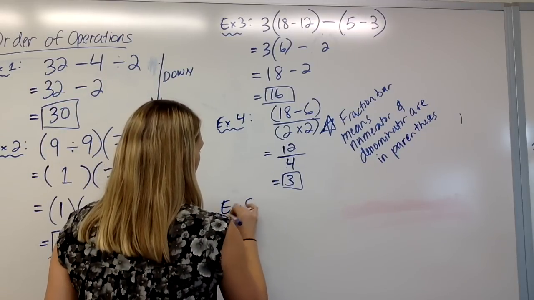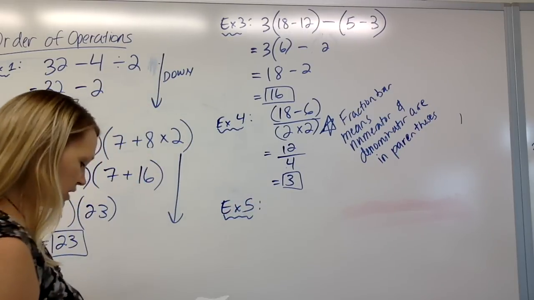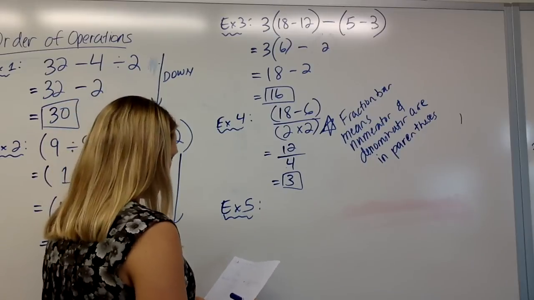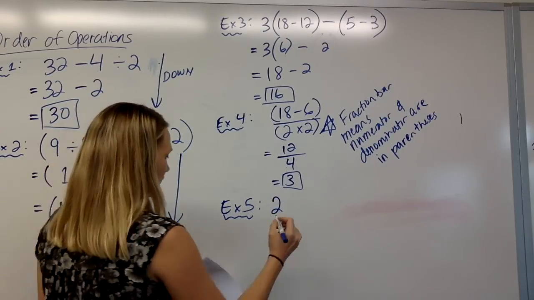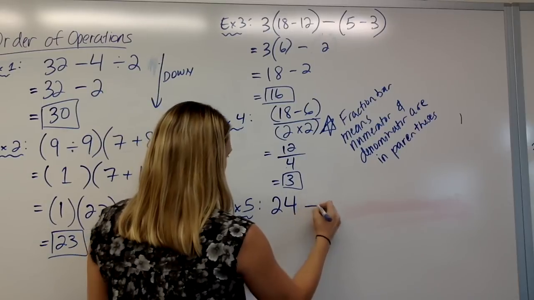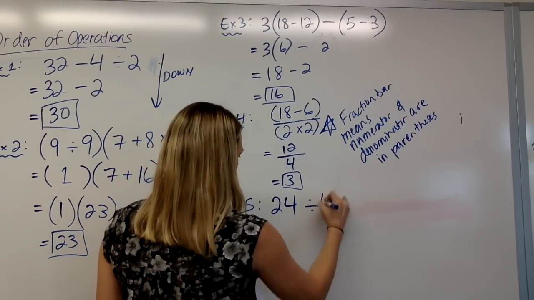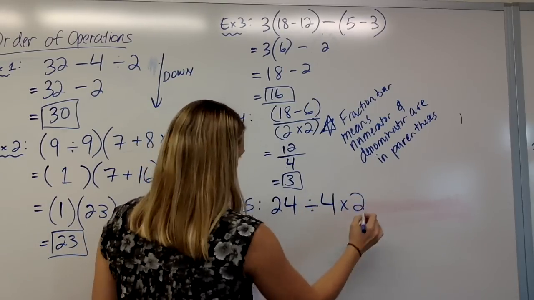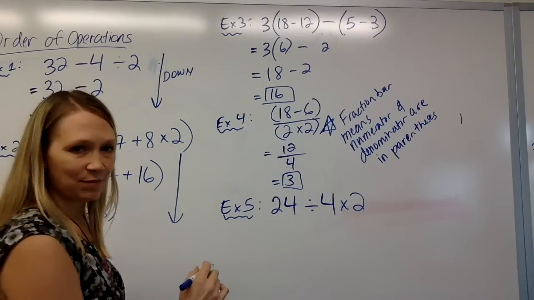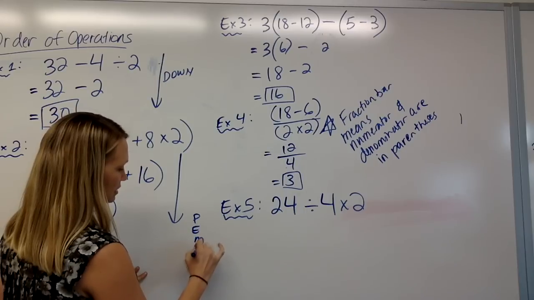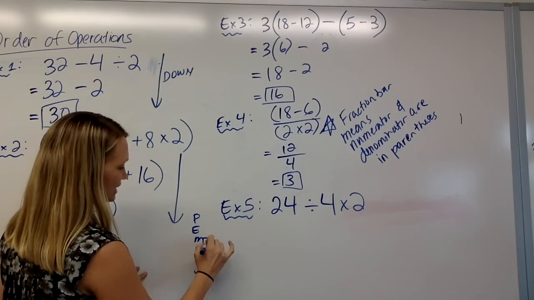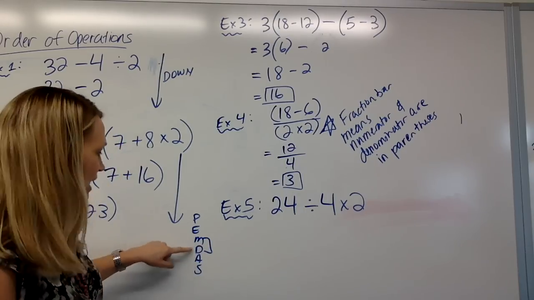2 more. 1 more after this one. Example 5. So this one I'm trying to show you a different little rule that you maybe didn't think about yet. So 24 divided by 4 times 2. Now when you think back to PEMDAS that I did in my last video, I said that multiply and divide were at the same level.